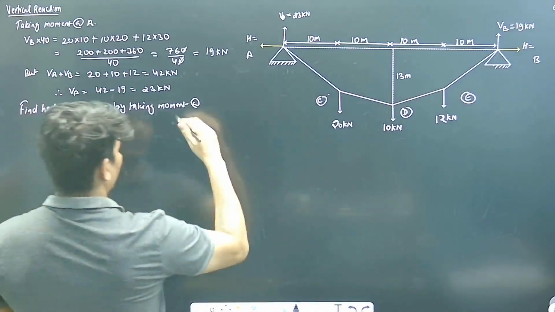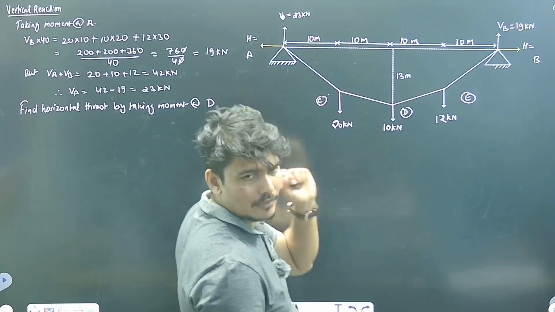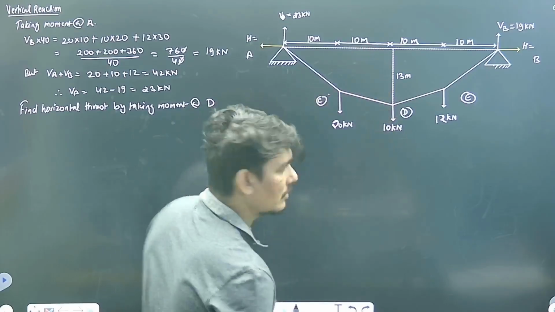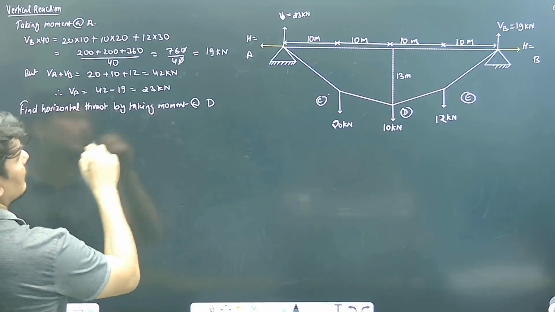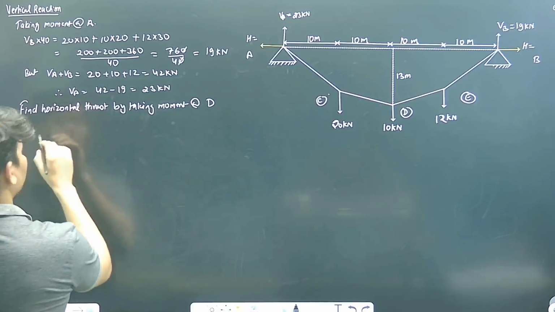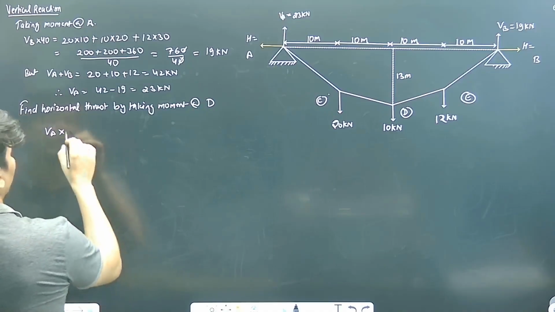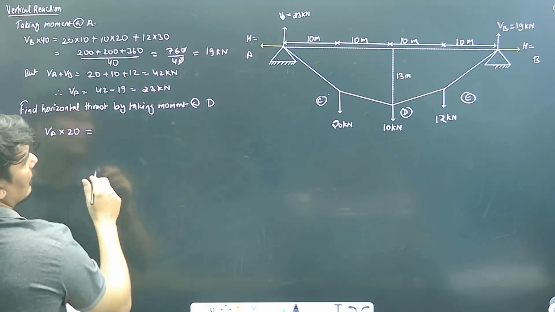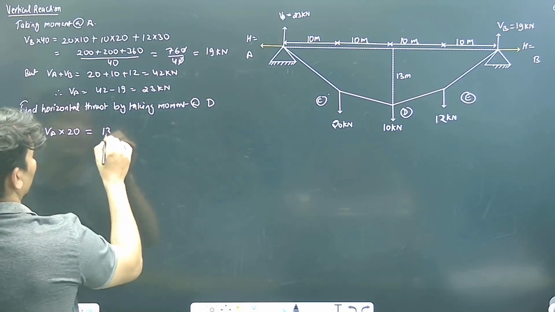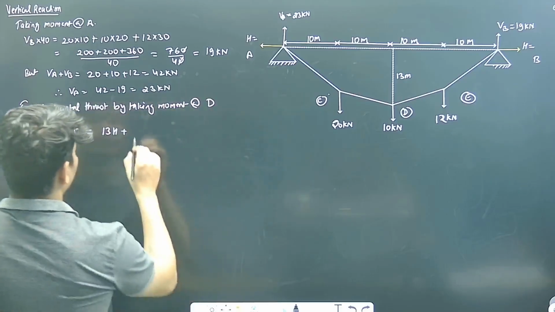So where will we take moment? About D. Why at D? Why not at C? Because at D we know the vertical distance. VA into 20 should be equal to H into 13 plus 20 into 10.